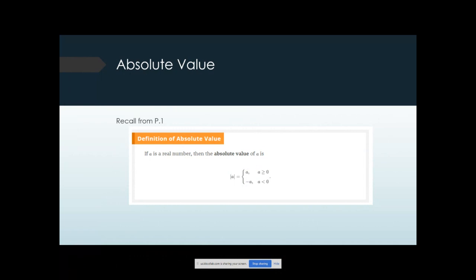Okay, so now we've got absolute value. So this is also from P.1. It's just the definition of an absolute value. So far when we've been dealing with absolute values, we've been just saying, okay, the absolute value makes a number positive. The other way to look at it is that what's inside the absolute value can be positive or negative. And so that's sort of what this is saying.